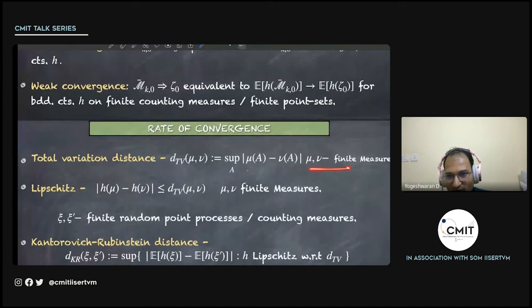Give me two finite measures, I can define the total variation distance. This is known in different ways; in more measure theoretic terms, sometimes people call it the total variation of a signed measure. You can think of mu minus nu as a signed measure, and this is its total variation.